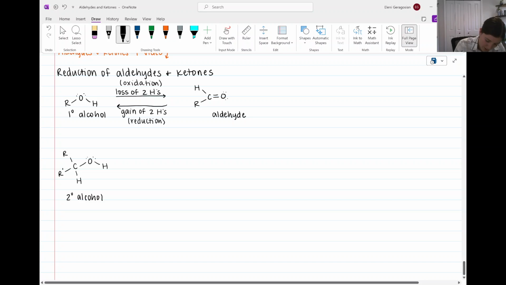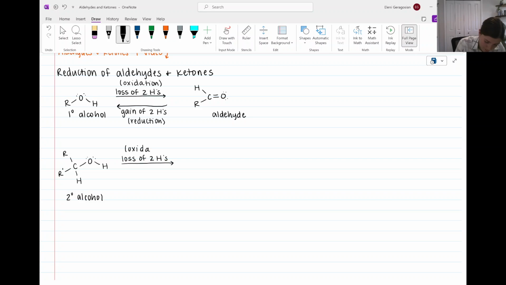If this molecule loses two hydrogens, this is the oxidation reaction, and we form a ketone.